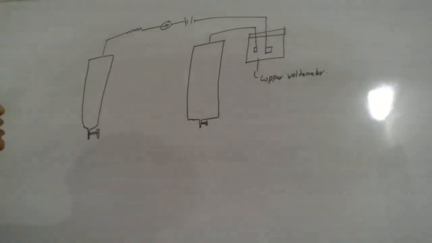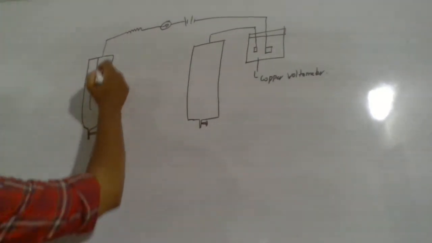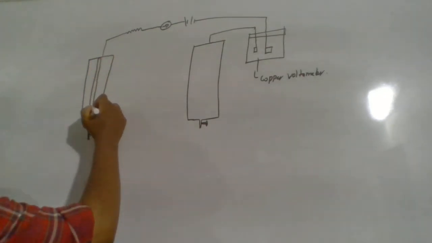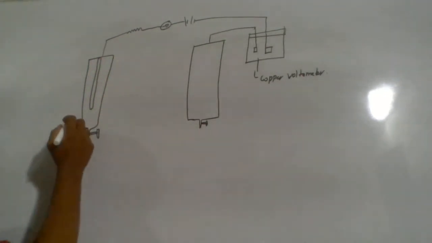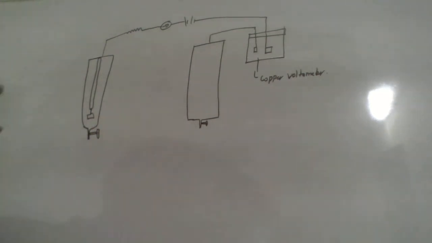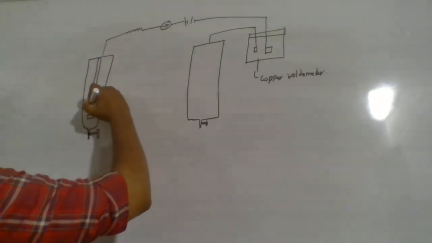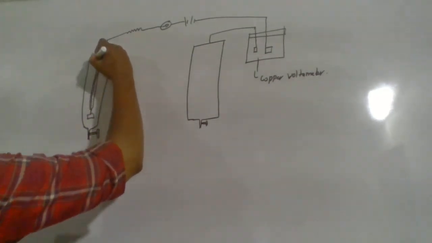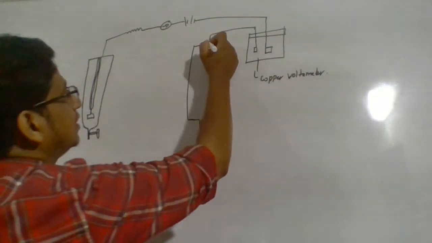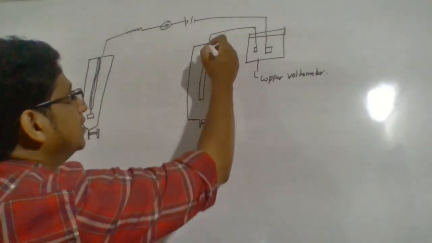So here this electrode is perfectly sealed. Inside you can see an electrode will be there. Either you can use an inert electrode, or an electrode of the same type. So yes, electrodes are there inside a very narrow tube.